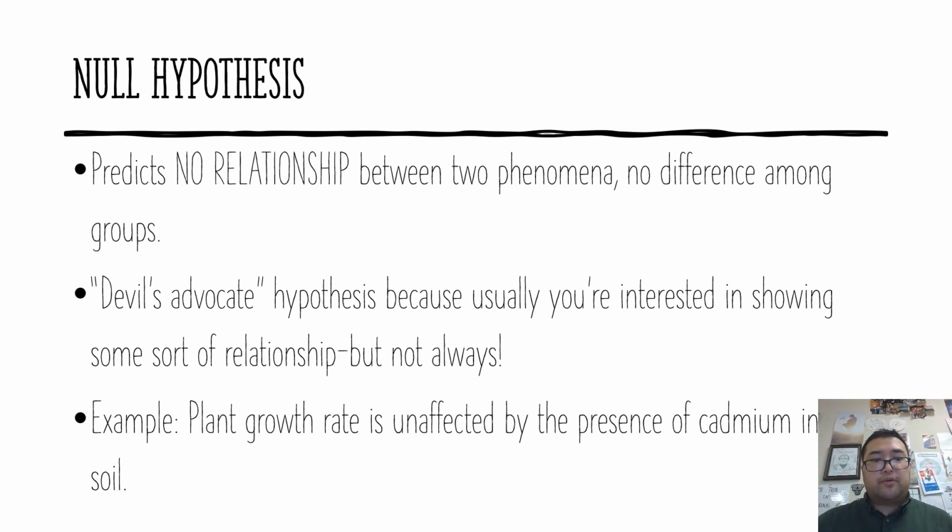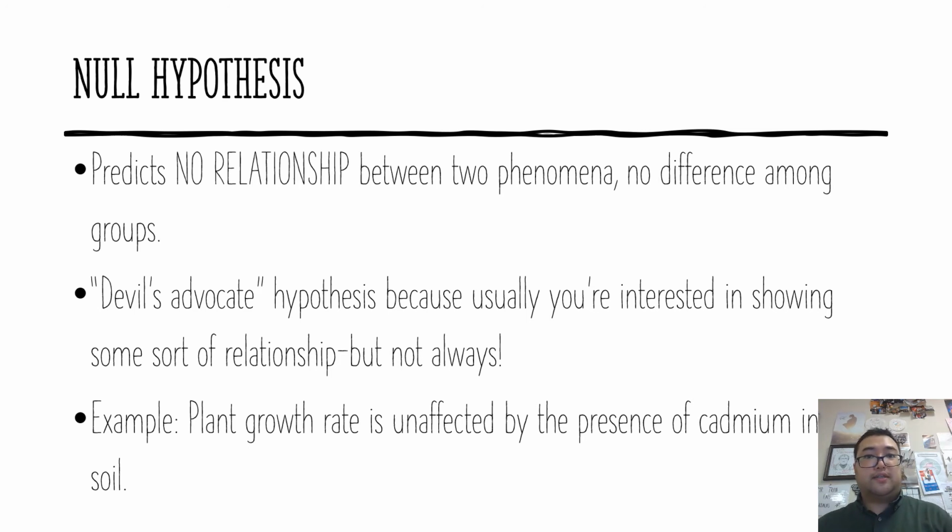you're interested in showing some sort of relationship, but not always. So an easy way to show that there is some relationship between the variables is to say there's no relationship, testing that idea, and then if your data supports that there's no relationship, then valid.